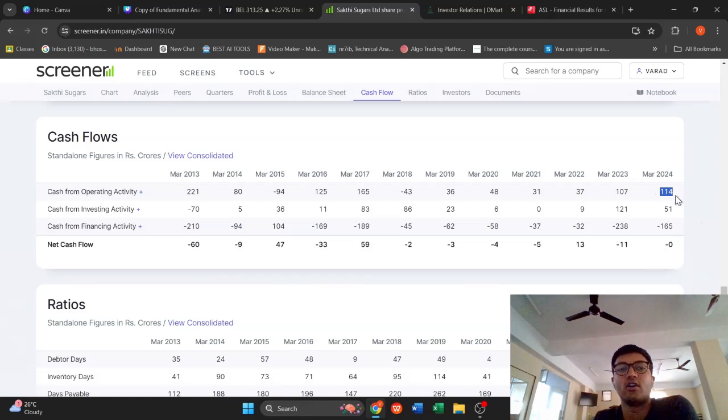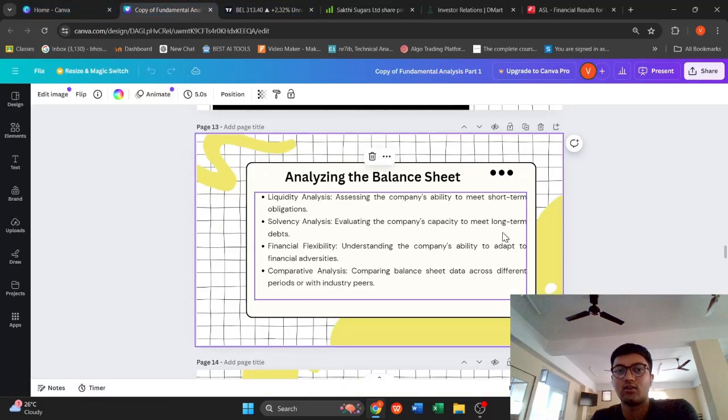This was about the cash flow statement, but I was checking because to understand liquidity analysis, you have to know if the company has enough money to pay its short-term obligations. You'll be able to do it with the help of the balance sheet and cash flow statement. So I think Shakti Sugars had enough cash liquidity.